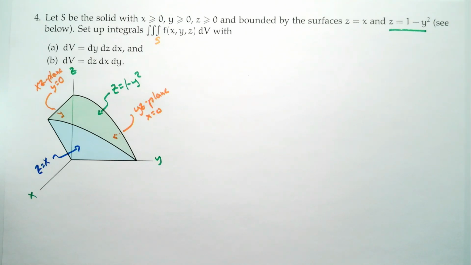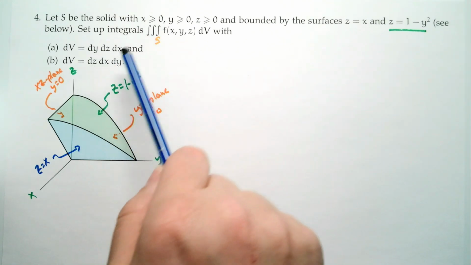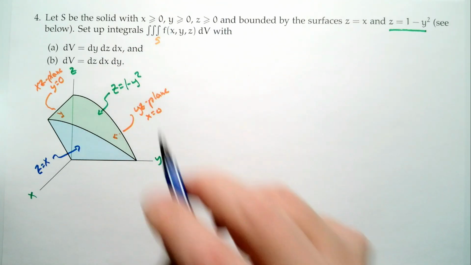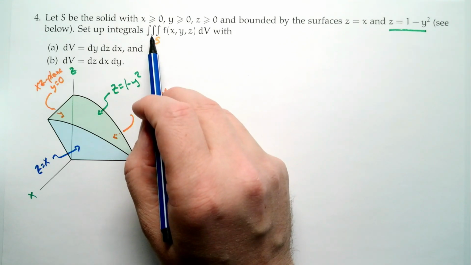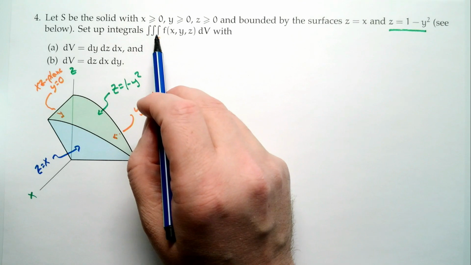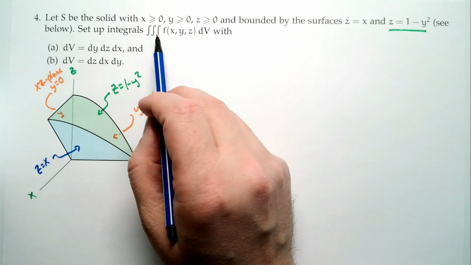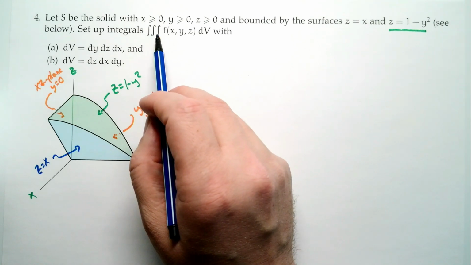So when I'm thinking of setting up bounds, the way I like to do it is to say, look, if I'm thinking of these as 3 layers, the outermost layer is between 2 numbers, then 2 curves, and the innermost is 2 surfaces. So I like to do the surfaces last.